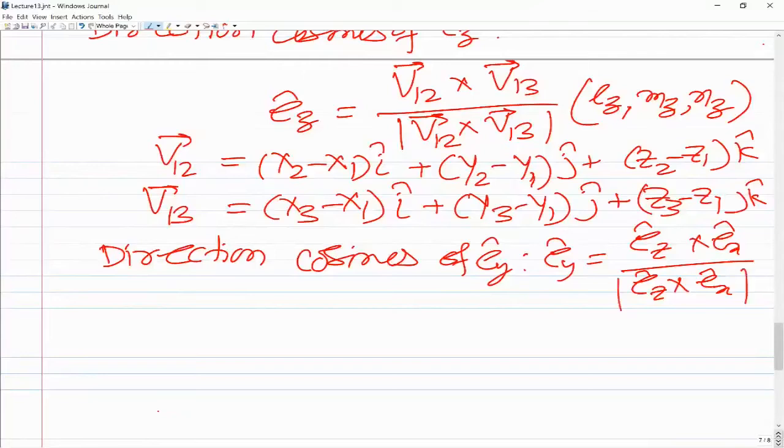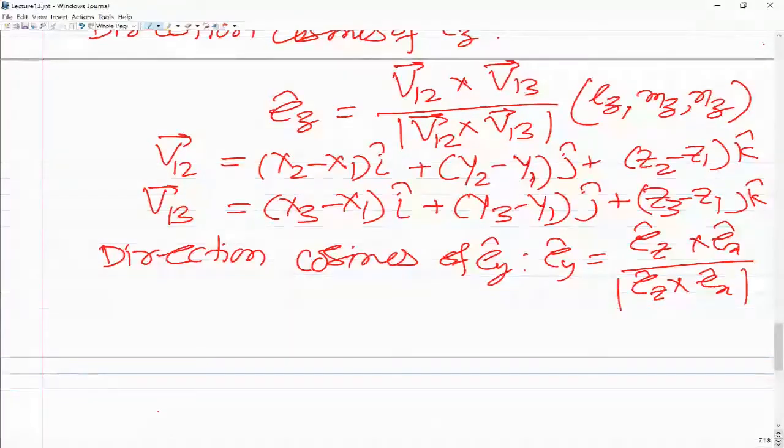Of course, Ez and Ex are unit vectors, so you will actually get Ez cross Ex cap directly, because the magnitude of Ez cross Ex cap is going to be unity. And let us say the components of this vector are Ly, My, and Ny.